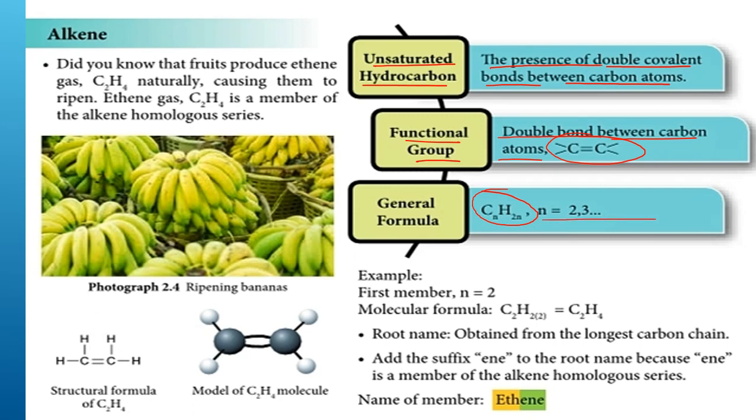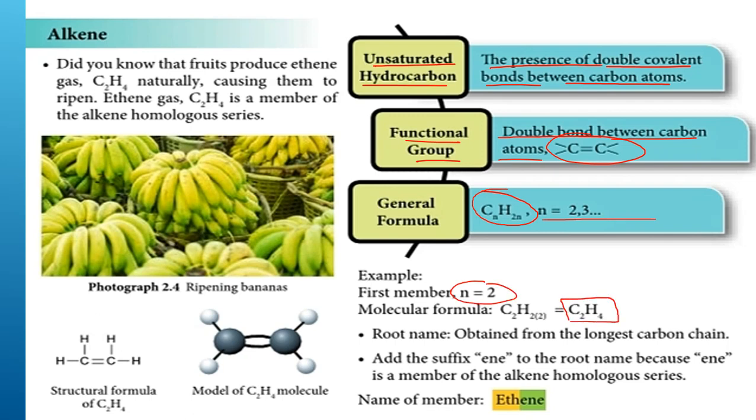Example, the first member is N is equal to 2. The first member of alkene is N is equal to 2. The number of carbon atoms is 2. So the molecular formula is C2H2 times 2. So we replace N with 2, and we will get C2H4. This is the molecular formula of the first member.